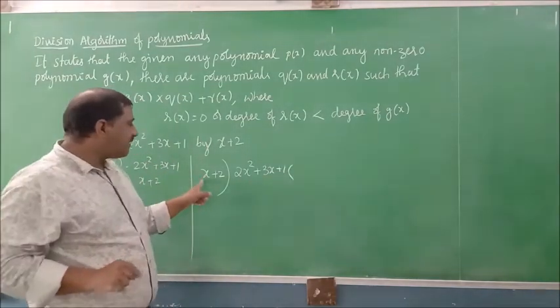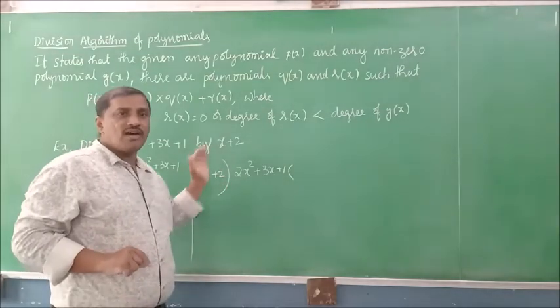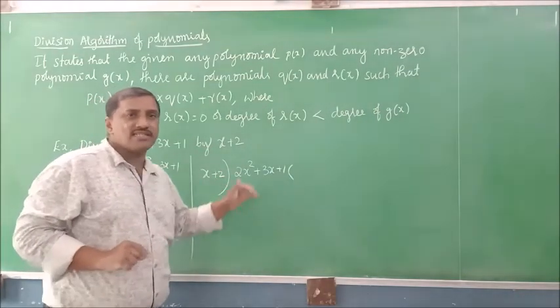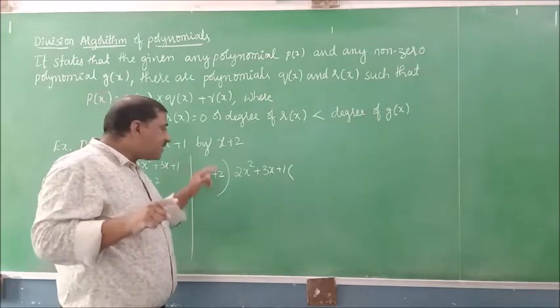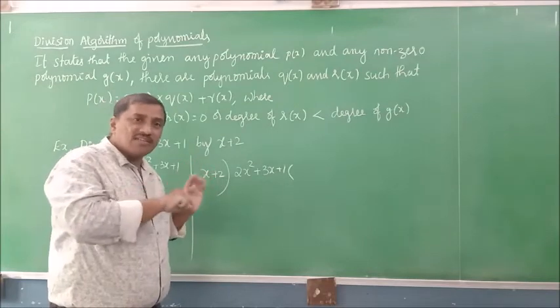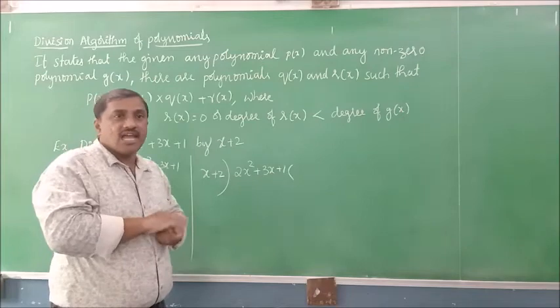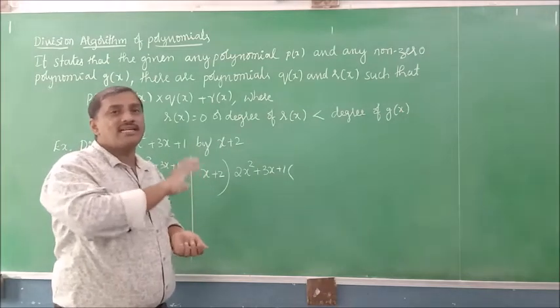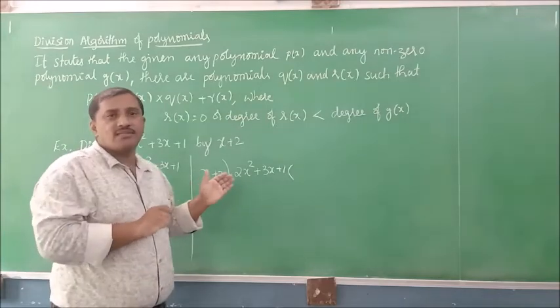What about the divisor? x power 1 plus 2 into x power 0. 1 and 0 are the powers, therefore it is in the decreasing order of their powers. So the first step is to observe whether the powers of both dividend and divisor are in the decreasing order or not. If they are not, you regroup them in the decreasing order of the powers, so that our division will be simpler.